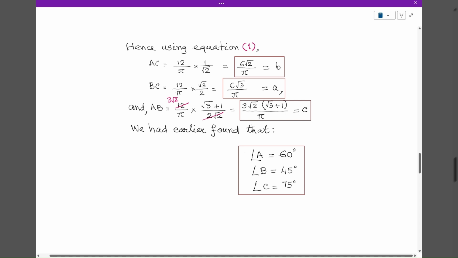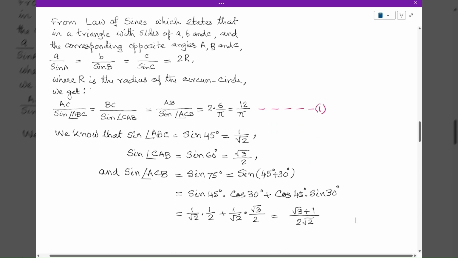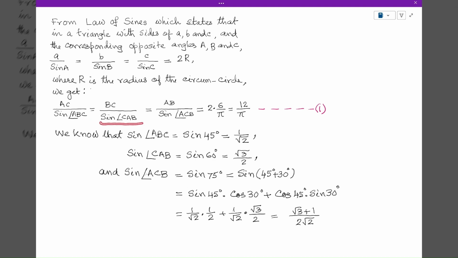Hence, using equation 1, we get AC is equal to 12 divided by pi multiplied by 1 by root 2. Remember, we have seen in equation 1, which is this, AC divided by sine of angle ABC is equal to BC divided by sine of angle CAB is equal to AB divided by sine of angle ACB is equal to 12 by pi.